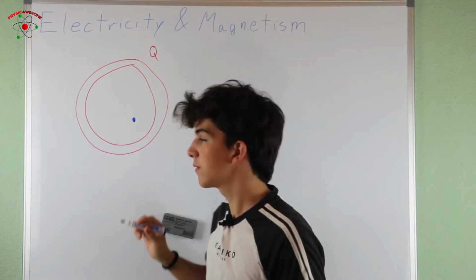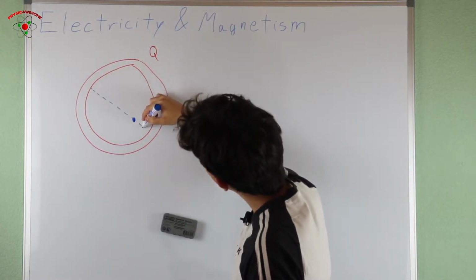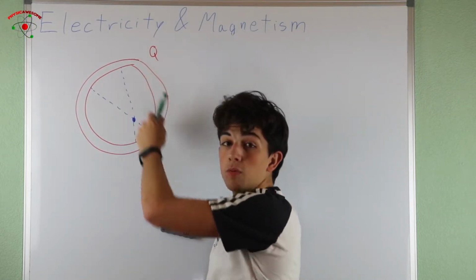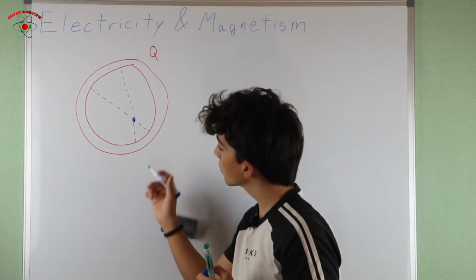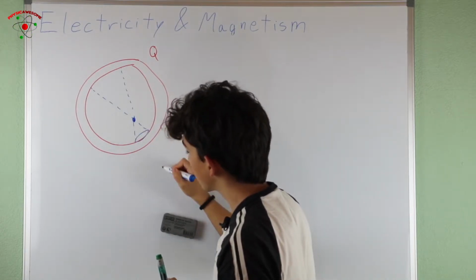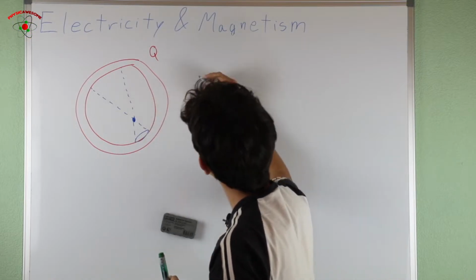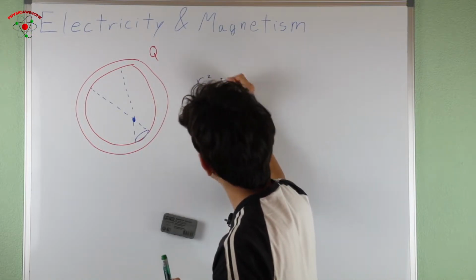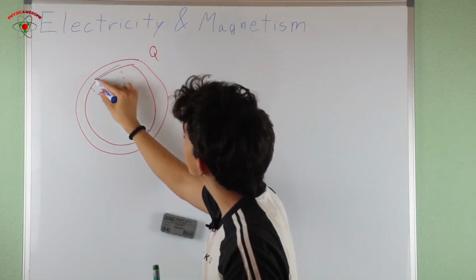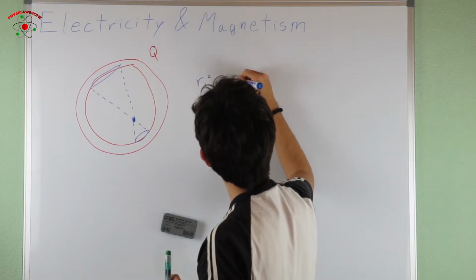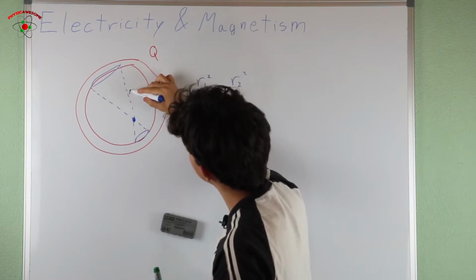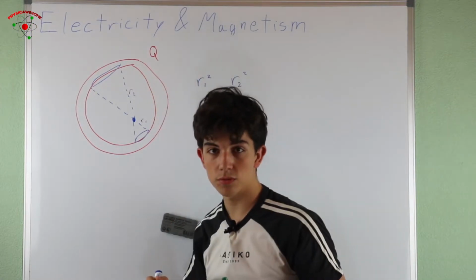we're going to have two diametrically opposing zones. So this area over here is going to go like r1 squared, and the area over here is going to go like r2 squared, being r1 and r2 the distance to each of those zones.